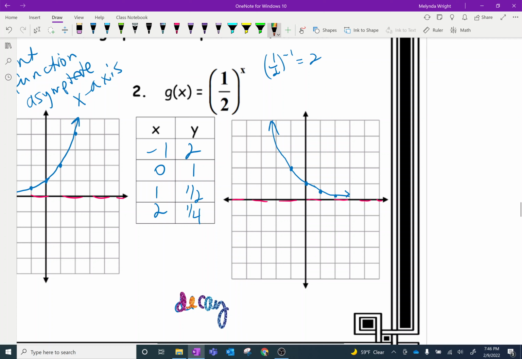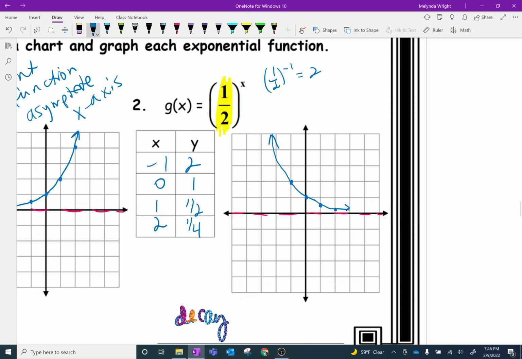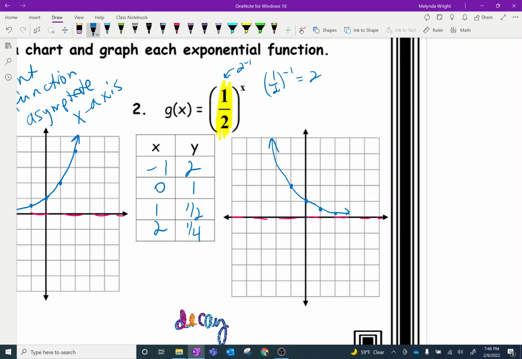Let's think about that for a second. So this is the same thing as 2 to the -1, right? So if we do 2 to the -1 to the x, that's where we get our negative exponent right there, is -x.